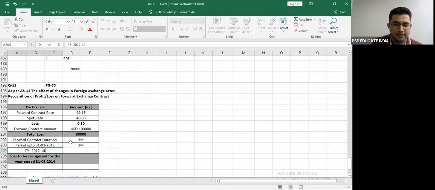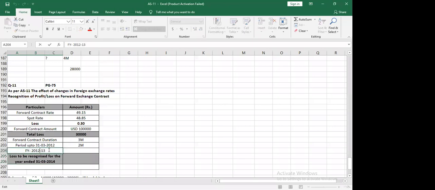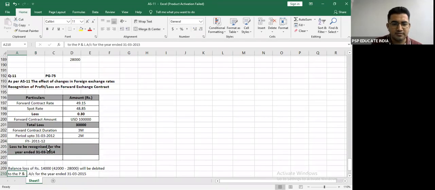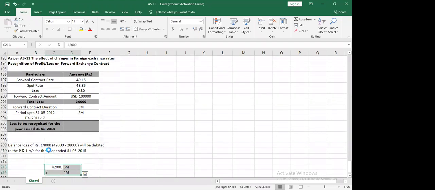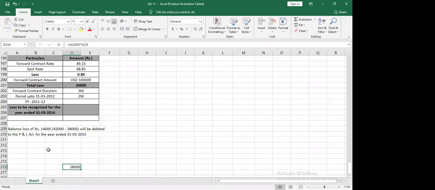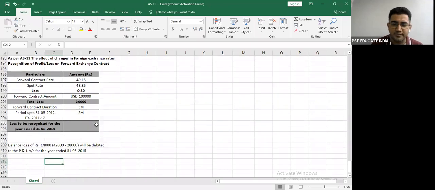Okay, 30,000. Now how do you think from here? Loss we will recognize up to 2 months only. Okay, why up to 2 months? Because duration is 3 months, but we have to recognize loss up to 2 months only because it pertains to the current financial year. Okay, how will you think in this way?